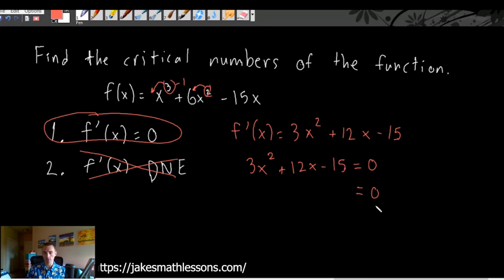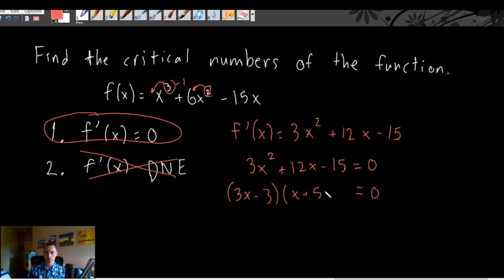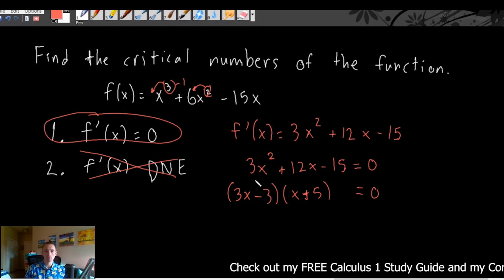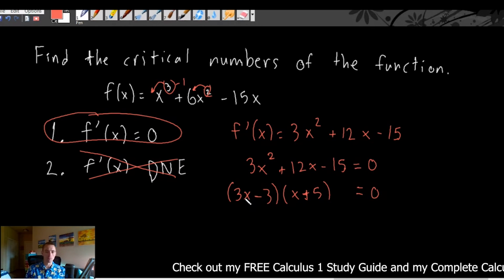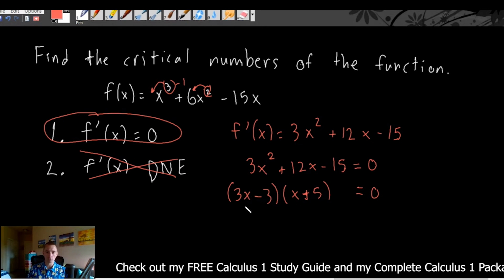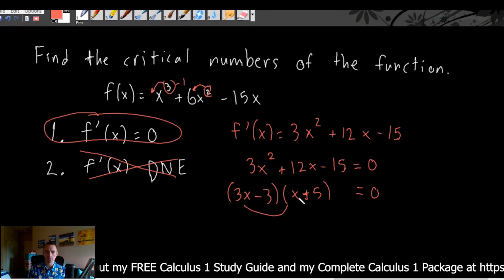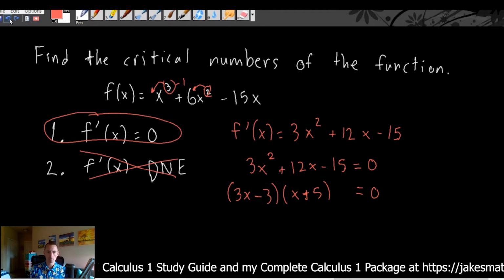This polynomial is going to factor out to 3x minus 3 times x plus 5, right? I'm not going to get into the full process of factoring in this video. That would be a topic for another video perhaps, but we can reverse confirm that this works if we think about foiling this out. 3x times x does give us 3x squared, okay?